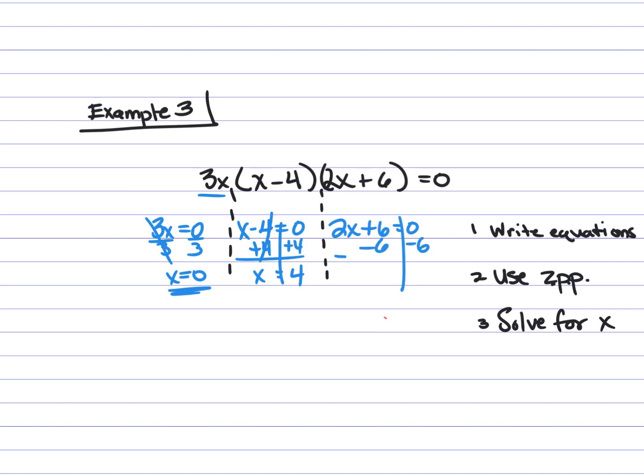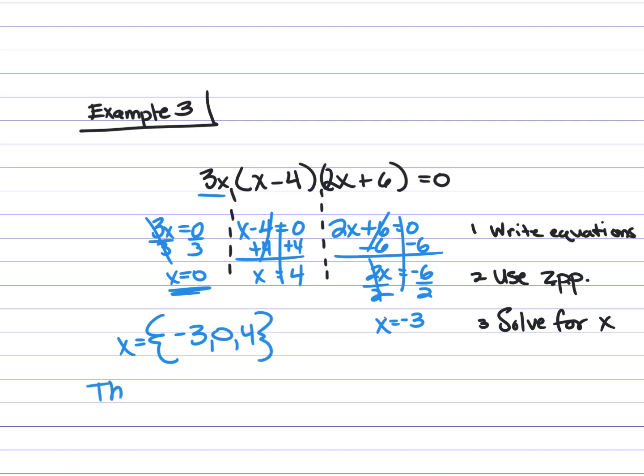Subtract 6, divide by 2, negative 3. In set notation, it would be negative 3, 0, and 4.